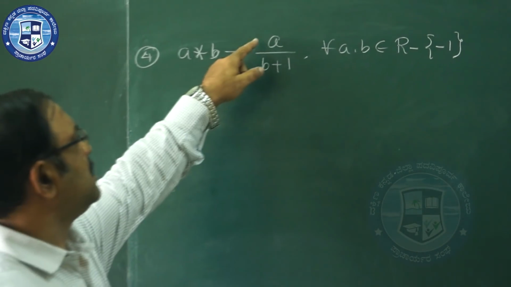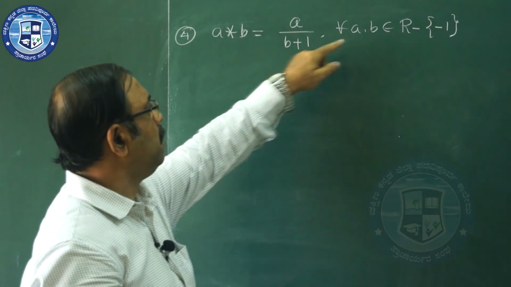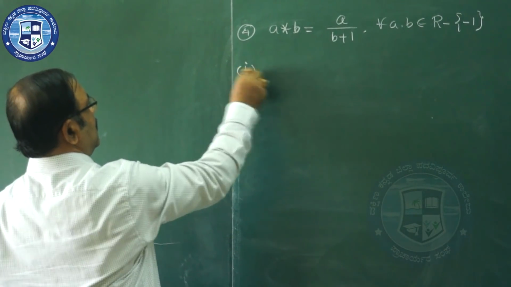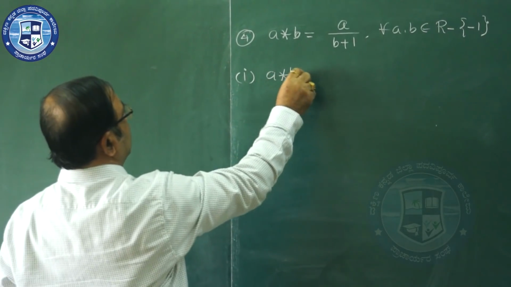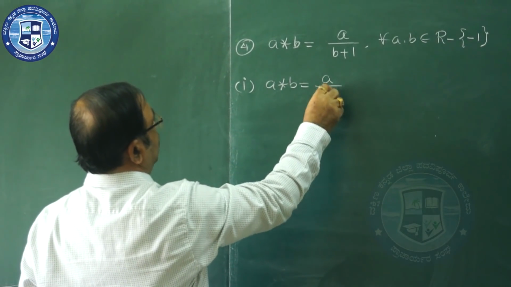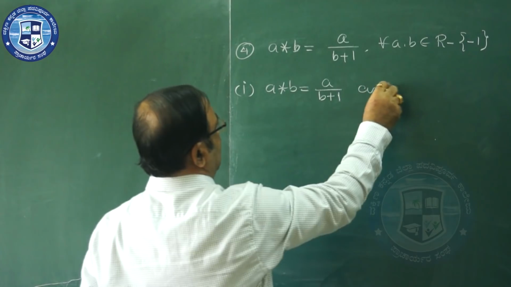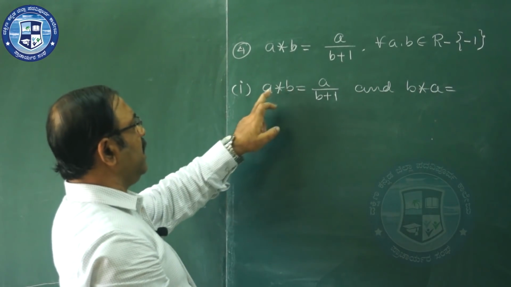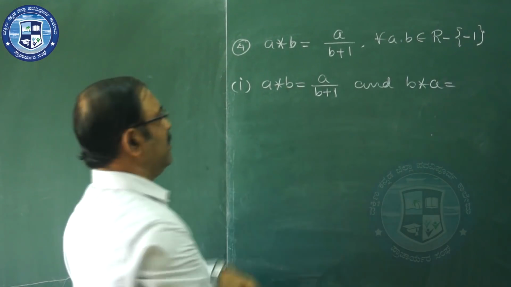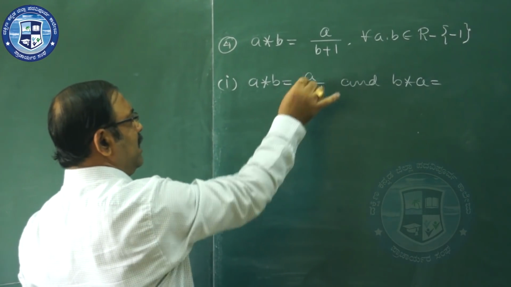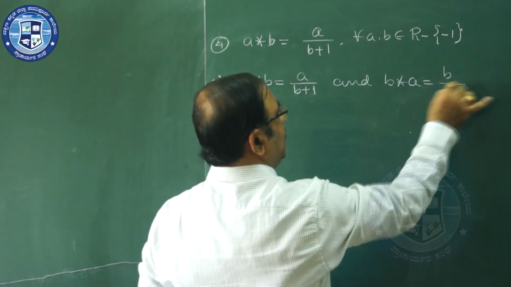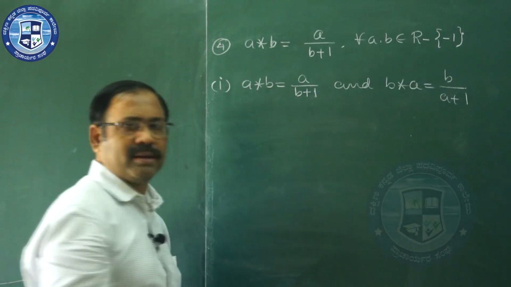So, A star B is defined as A by B plus 1. Now, first one, see, we write A star B, A by B plus 1. And what is B star A? A is first, B is second, so first by second plus 1.